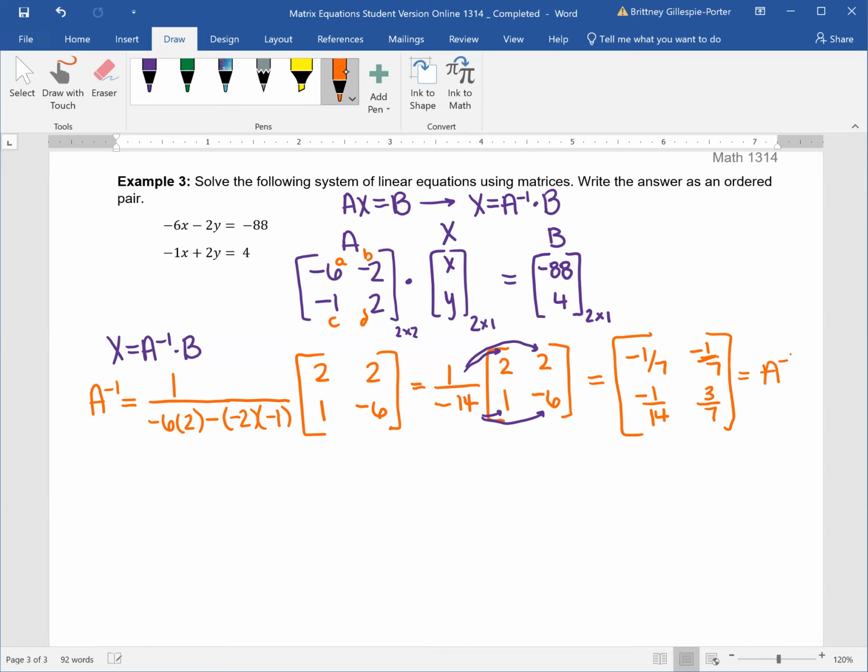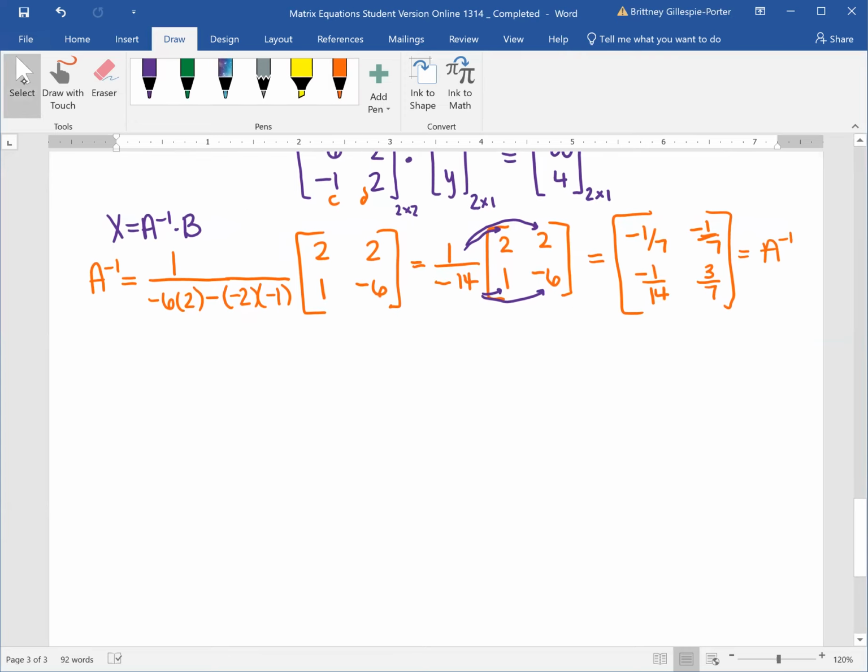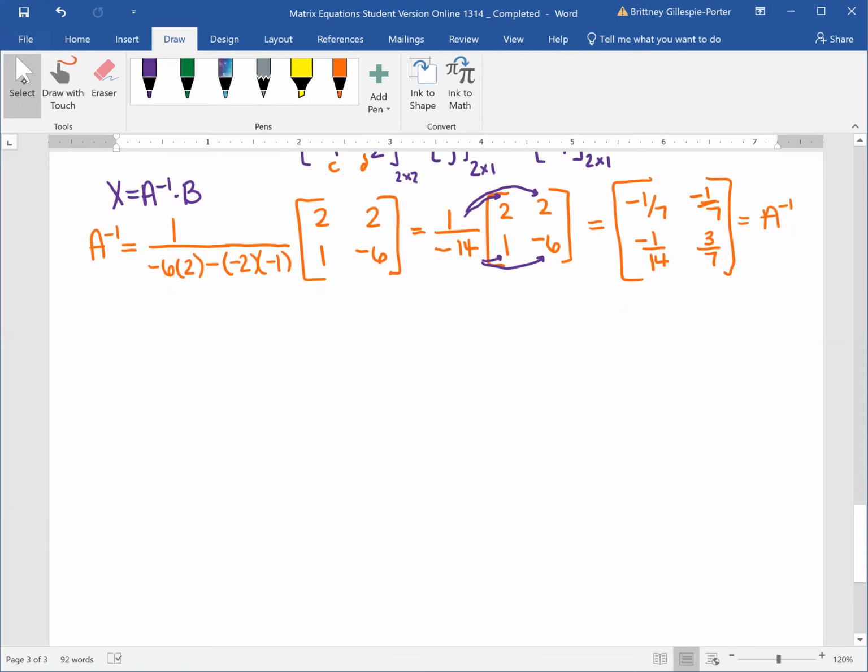Remember, you can check this in a calculator, but you still have to be able to show your work by hand if you want to earn full credit on anything. Okay. Now that we have found A inverse, we can go back to the equation we're trying to solve.